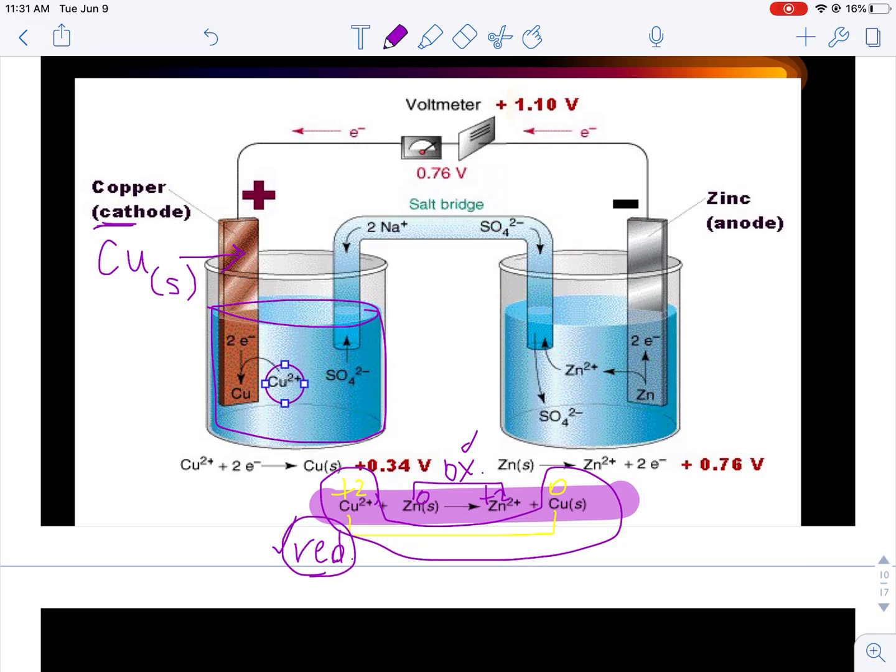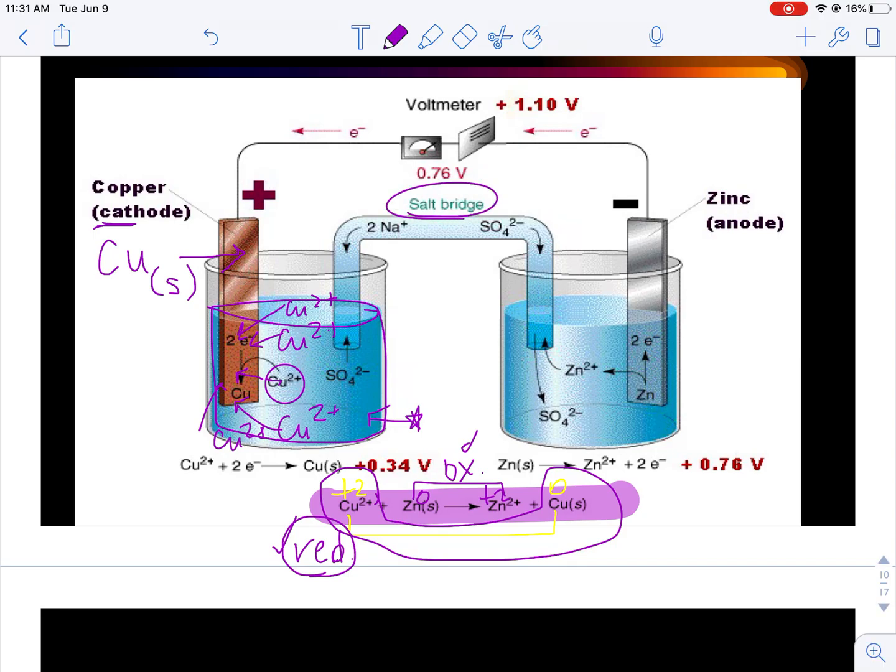These copper 2 ions are gaining electrons, and they're forming solid copper. So as the copper 2 plus ions are converted into solid copper, this particular solution here is being depleted of the cations.